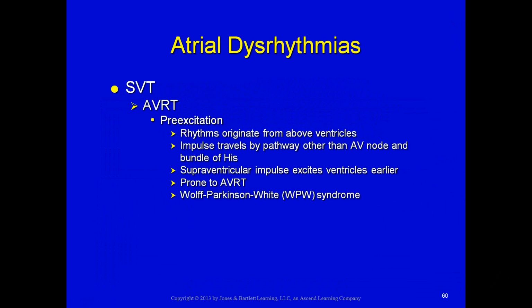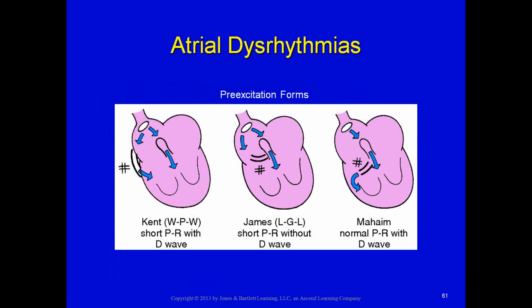Wolff-Parkinson-White, or WPW, is a common culprit of AV reentrant tachycardia. And we'll talk a little bit about WPW right now. WPW, Wolff-Parkinson-White: the impulse leaves the SA node, but it does not follow through the internodal pathways.